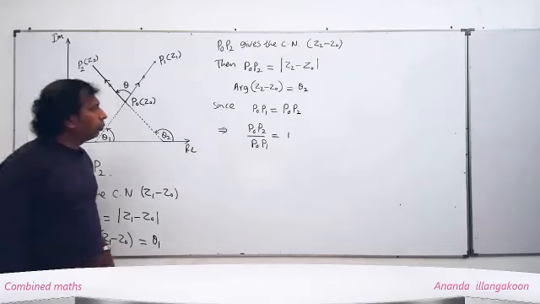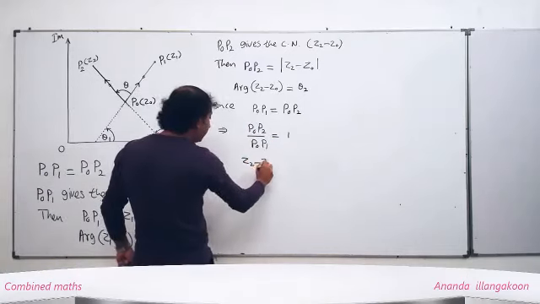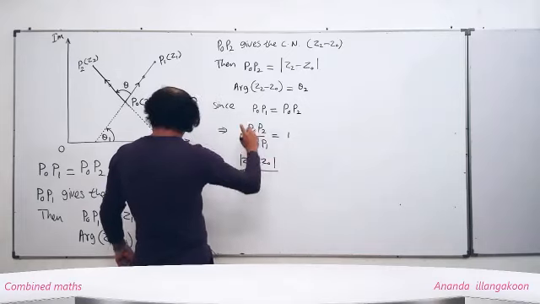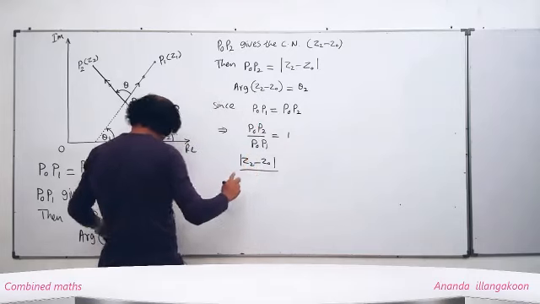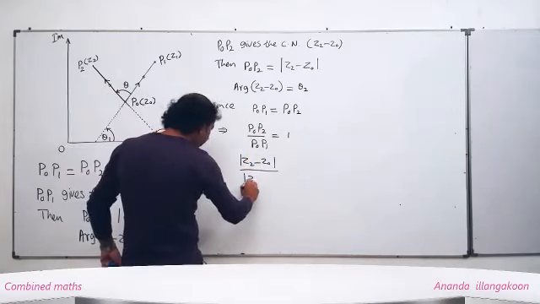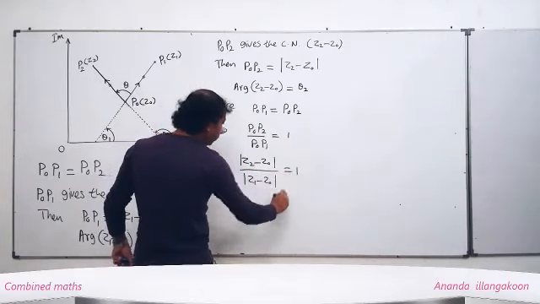P naught P2 means the modulus of Z2 minus Z0, over P naught P1, the modulus of Z1 minus Z0, is equal to 1.